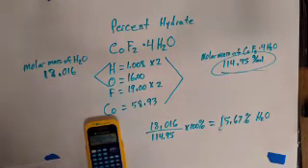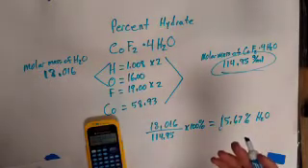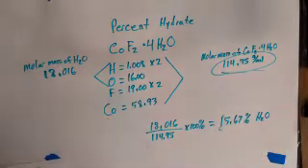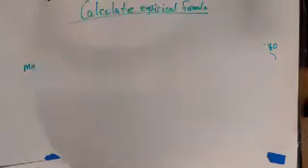And so about 85% would be cobalt fluoride. All right? So that's percent hydrates. So this time we need to find the empirical formula.